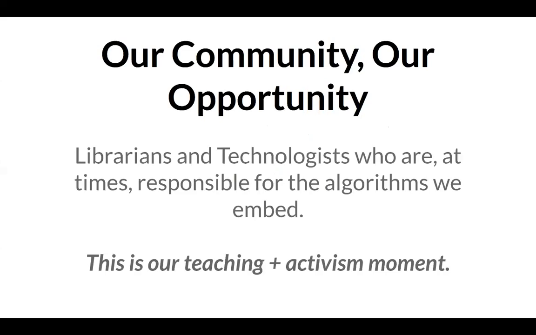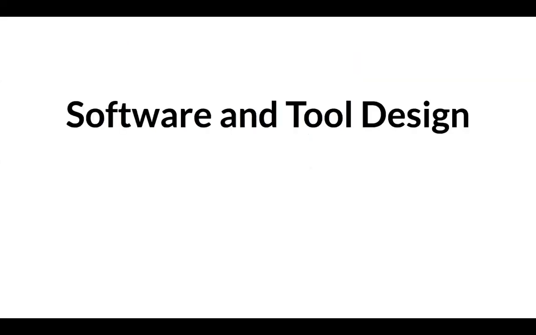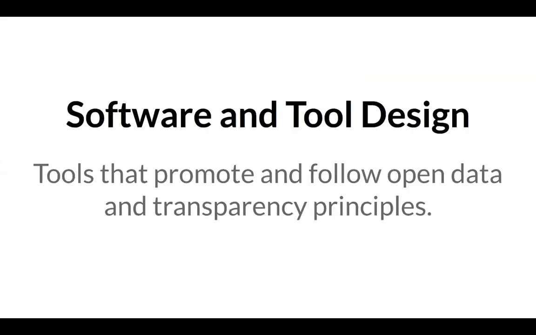Like, how do we turn some of these problems into practical solutions, or what can we do to start to address them? So one of the first places we see a chance for us to work and improve algorithmic processes is in our own software and tool designs.